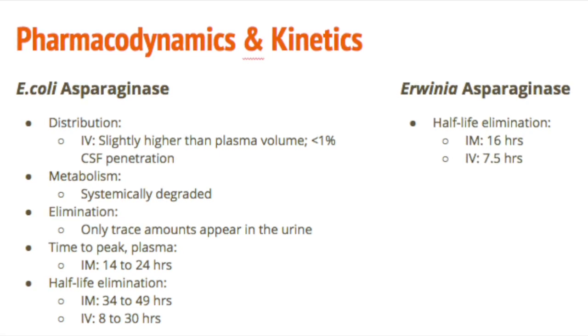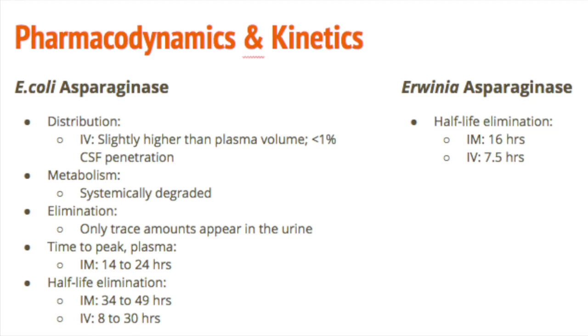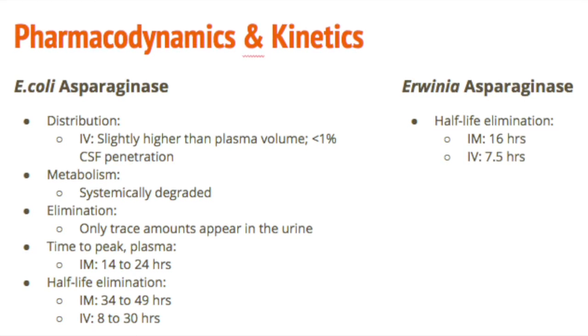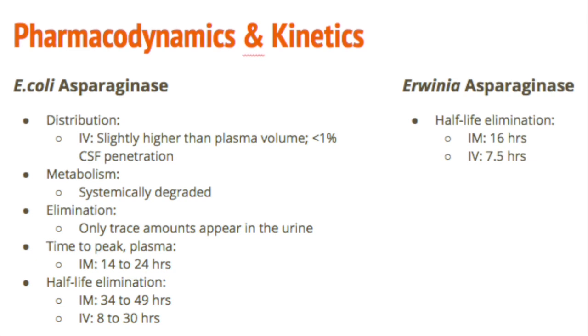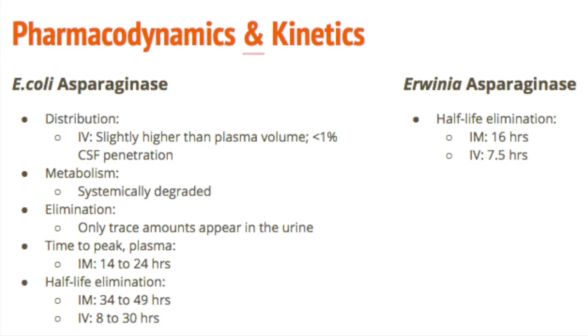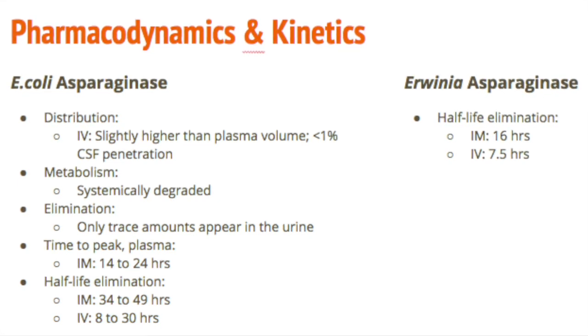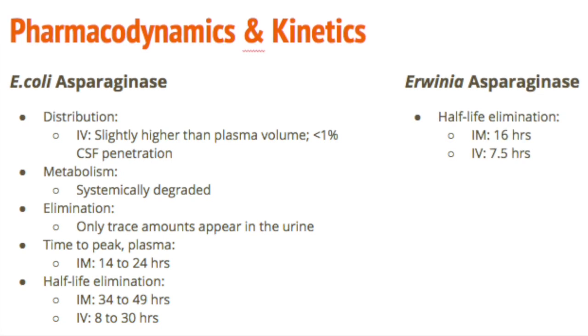Its peak time in IM administration is 14 to 24 hours, and its elimination half-life is 34 to 49 hours for IM and 8 to 30 hours for IV. Erwinia asparaginase has an elimination half-life of about 16 hours for IM and 7.5 hours for IV.